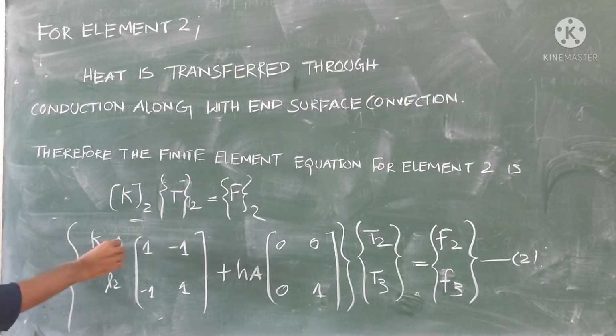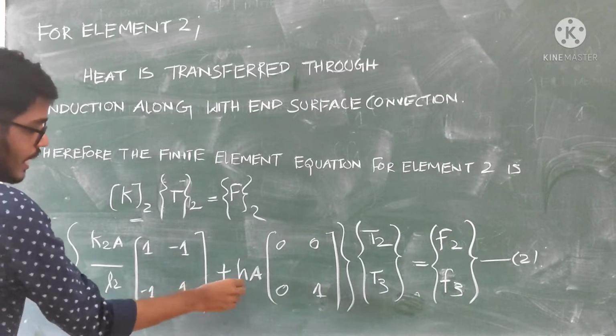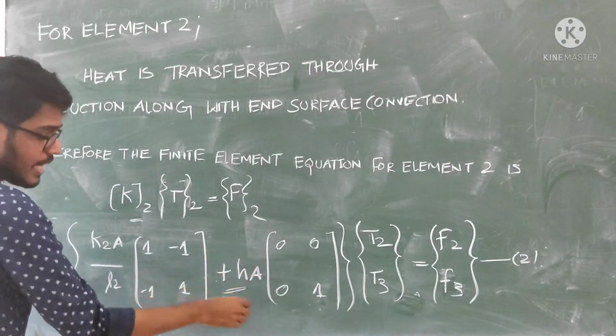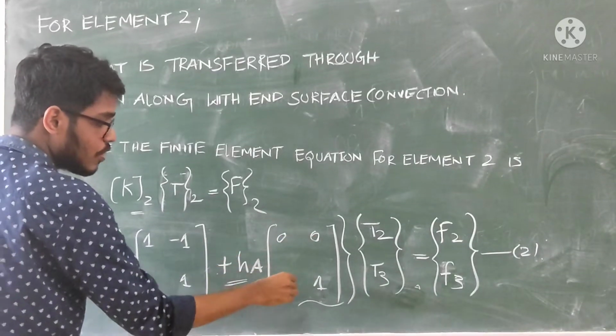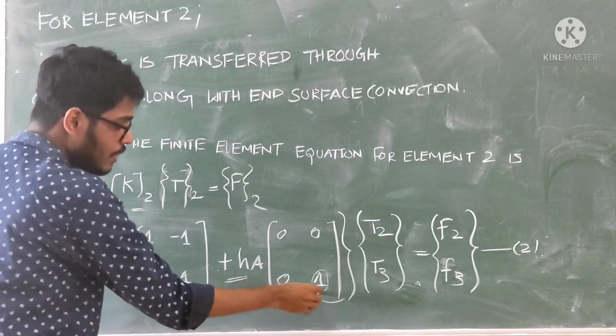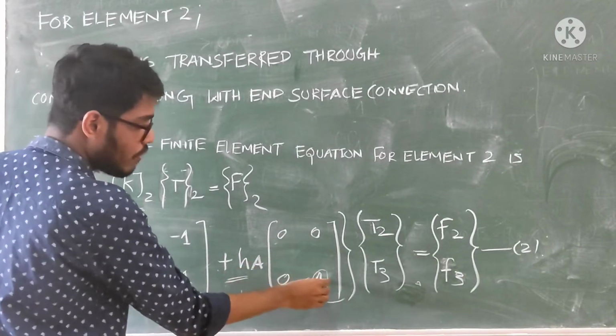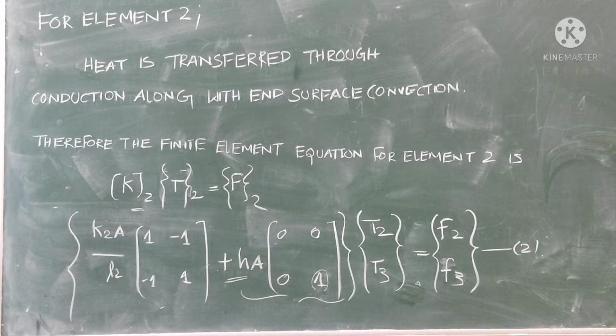Therefore, we take K2A by L2 into 1 minus 1 minus 1 1 plus HA, heat transfer coefficient. This is convection. HA 0 0 0 1 because in last node there is only convection. Therefore, 1 0 0 0 1 into T2 T3 is equal to F2 F3.